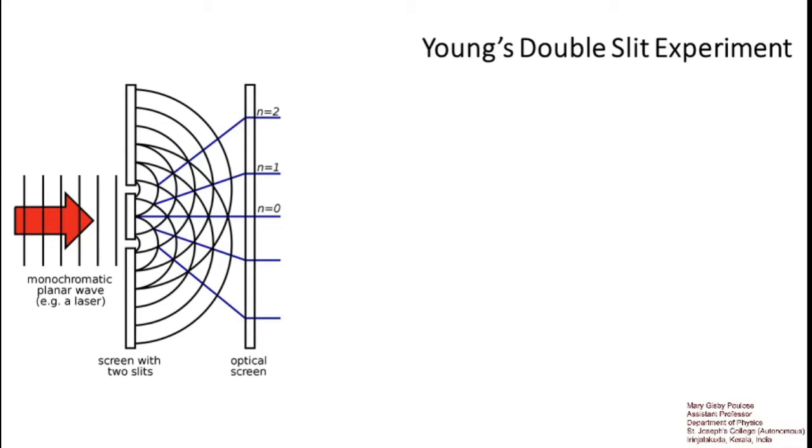So when a planar wave passes through two slits, we get cylindrical wavefronts emerging from the slits. And these wavefronts, when they are allowed to superimpose, the crests meet the crests, or the crest may meet the troughs of both the waves and produce alternate bright and dark regions on the screen.